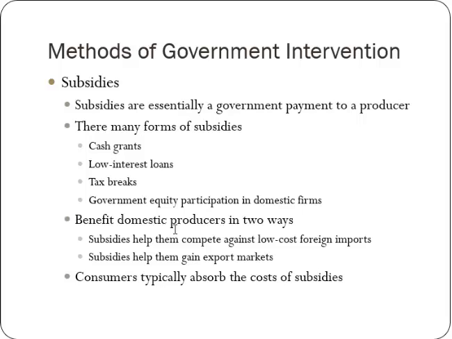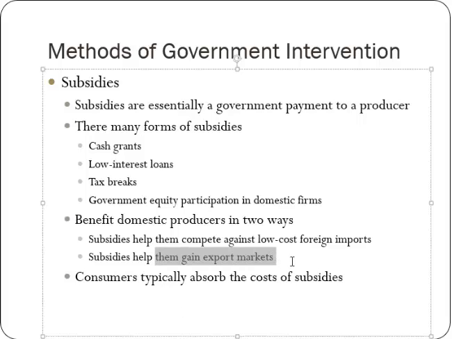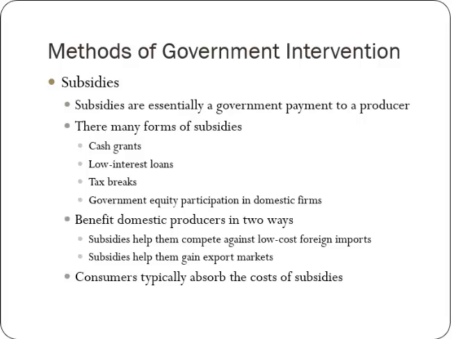They help producers by helping them compete against low-cost foreign imports. A company that is getting government subsidies to produce things now has enough money maybe to compete with other countries who can produce the same goods with less labor. And it also helps them gain export markets because, again, it helps them produce more goods at a lower price, and maybe they can now start selling in other countries.